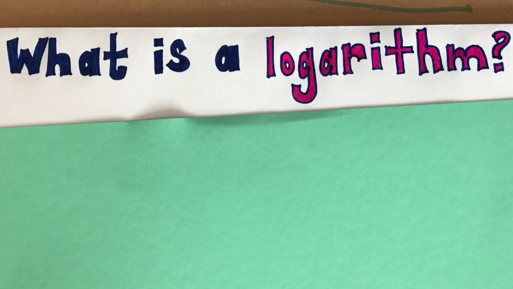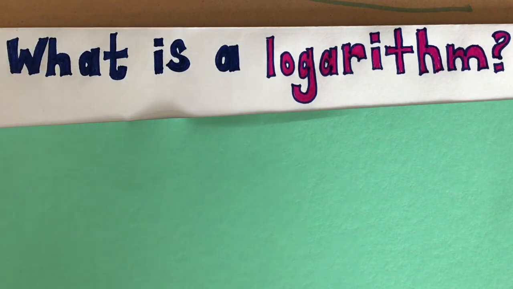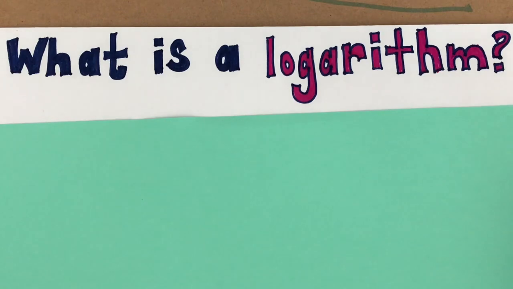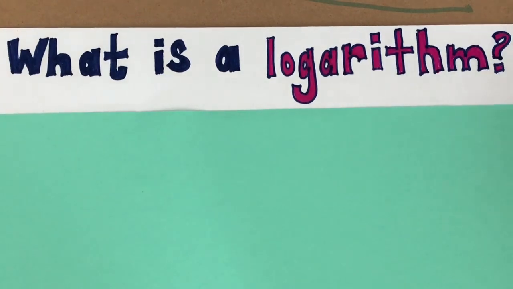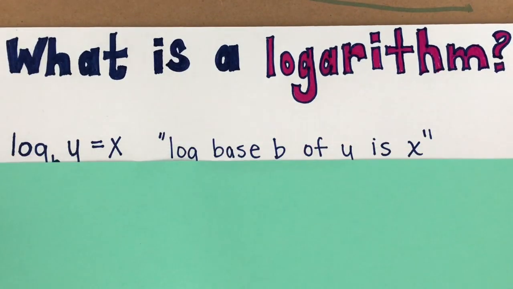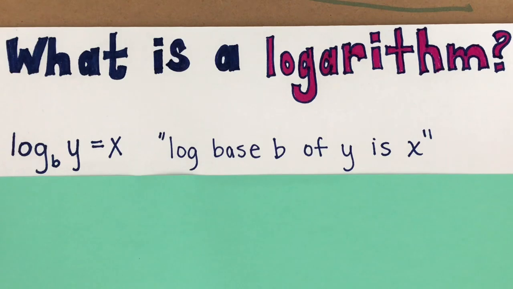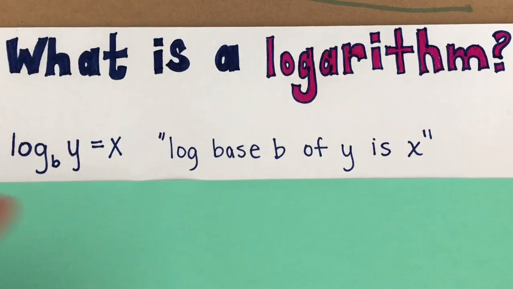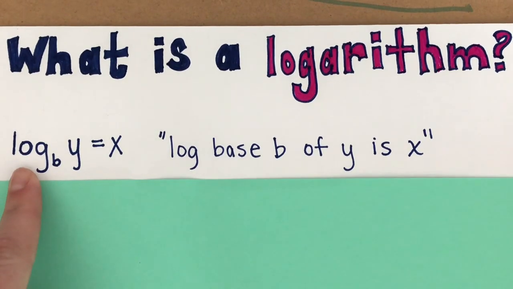Now, some people will explain this different ways, but I like to be able to translate this into other words. So logarithm. Well, there's a lot of things that a logarithm is, but this is what it looks like. You see this word log, and then there's a little subscript b.